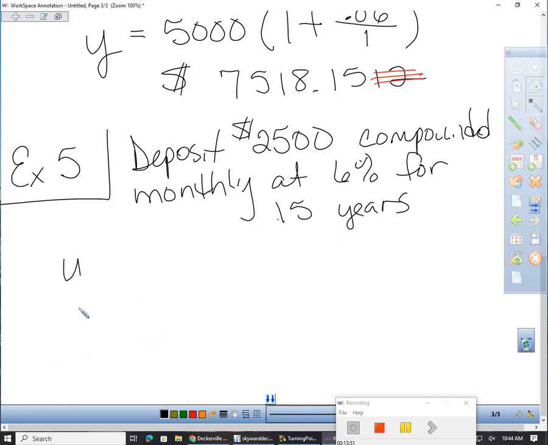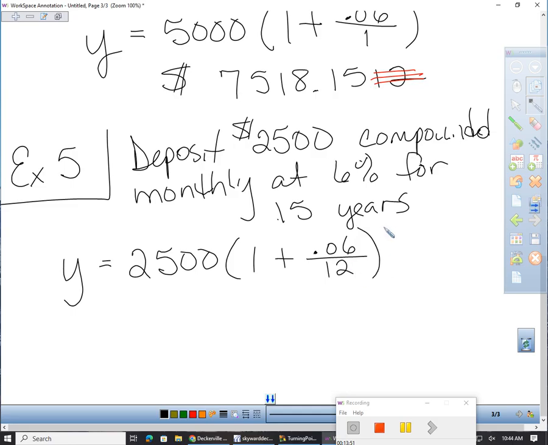So we have y equals, our starting amount is how much? 2,500. We have 1 plus our R. 6% is 0.06. Compounded monthly means N is going to be what? 12. Very good. And then in my exponent, I have 12 times 15. Go ahead and type this into your calculator.